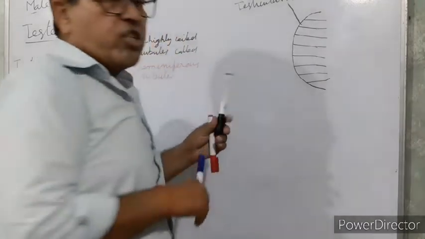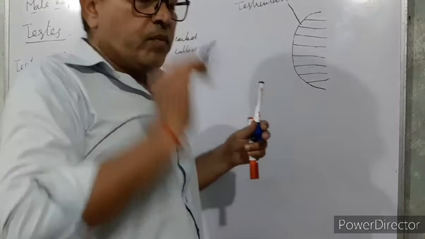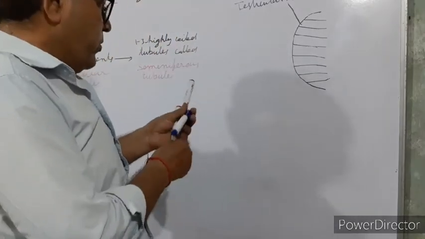Each testicular lobule contains 1 to 3 highly coiled tubules.